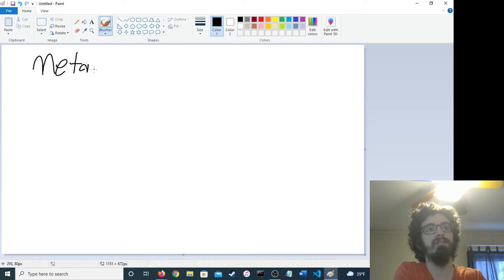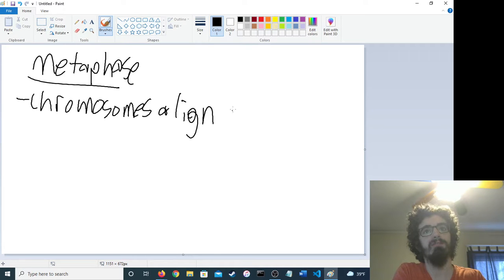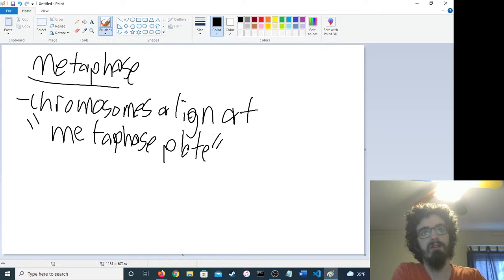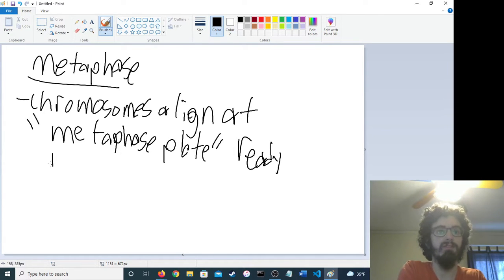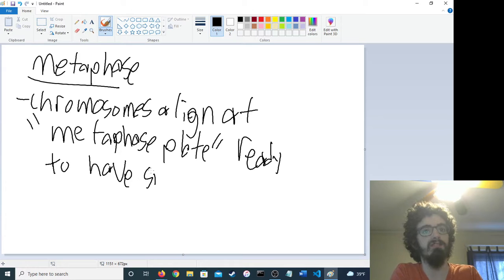Metaphase, chromosomes align at something called the metaphase plate, ready to have sister chromatids, which are copies of the chromosome, separated.